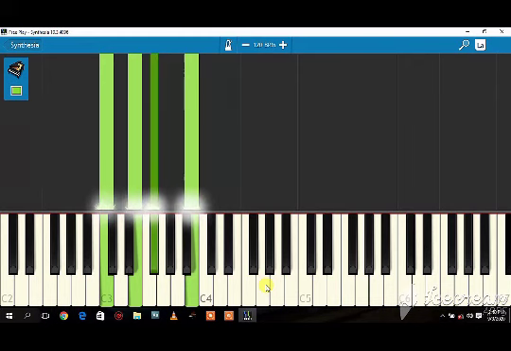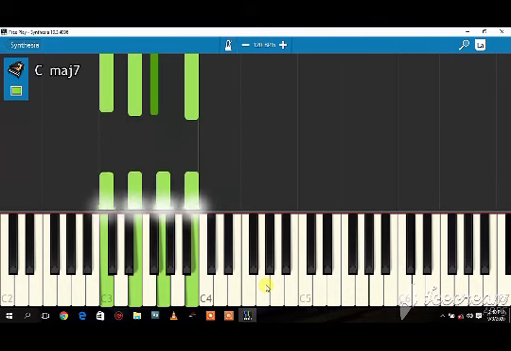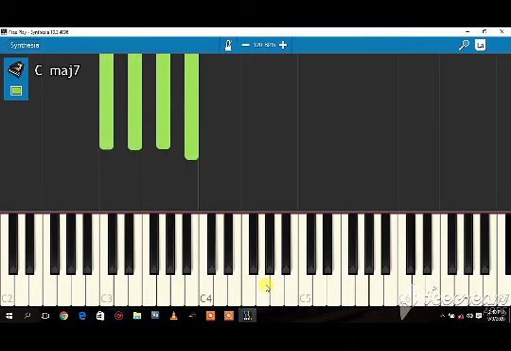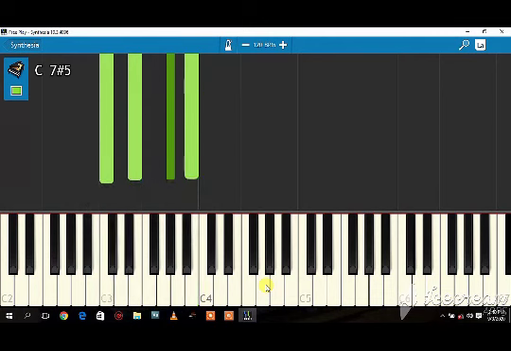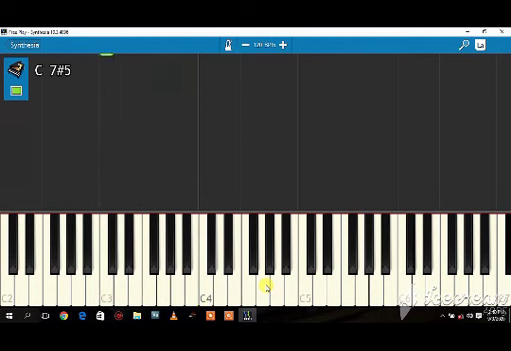This becomes your C major 7 flat 5, because remember your 5th note does not determine the quality of the chord. Then you can call this C major 7 sharp 5. Basically you can employ it depending on what you want this chord to resolve to.